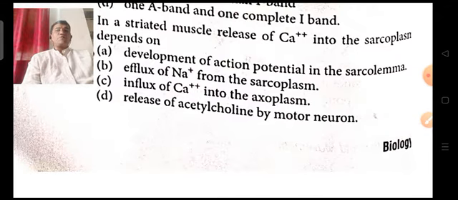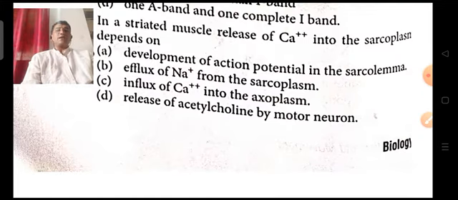So from the four options, development of action potential in the sarcolemma, efflux of Na+ from the sarcoplasm, influx of calcium into the sarcoplasm, releasing of acetylcholine by motor neuron. Generally, when an action potential is generated in a muscle fiber, calcium ions are released from the sarcoplasmic reticulum.